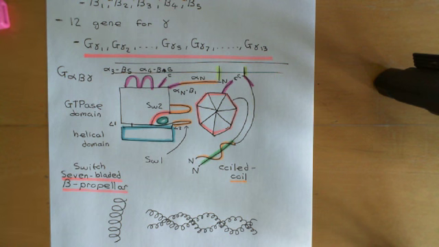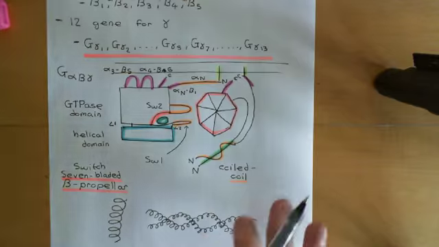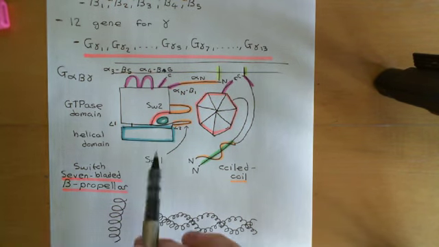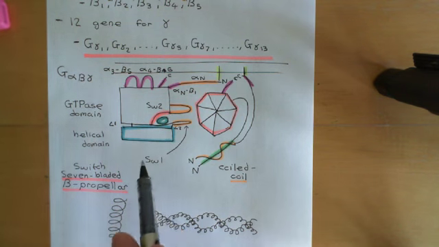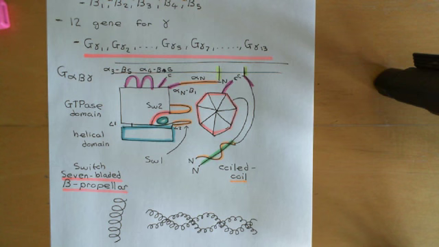What we now want to look at is the actual structure of an alpha subunit of a heterotrimeric G protein. The reason we're going to do this is because we want to understand, when the heterotrimeric G protein binds to the G protein coupled receptor, which we haven't done yet, this is just the inactive heterotrimeric G protein with GDP bound to it, what conformational changes are going to occur in the alpha subunit that allow the release of the GDP.